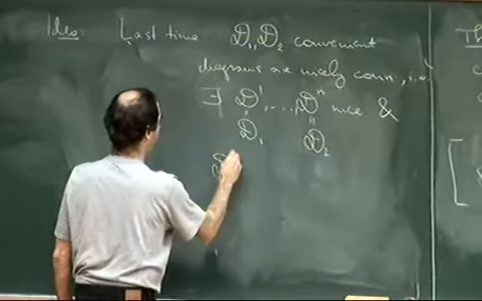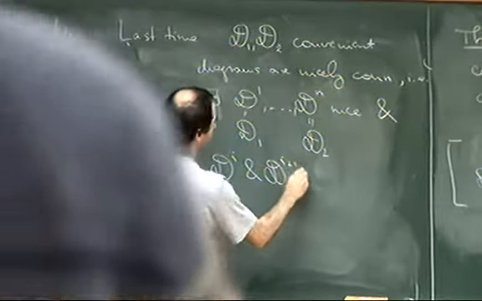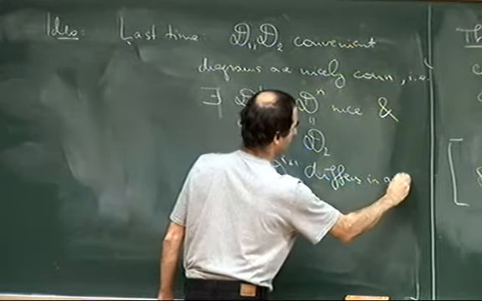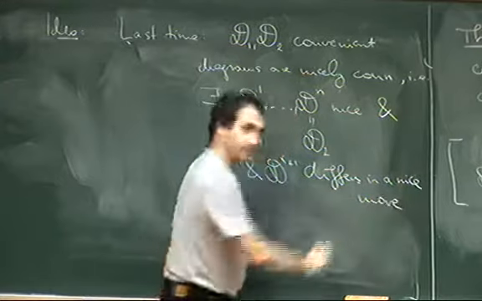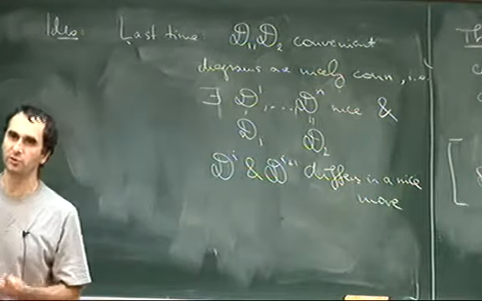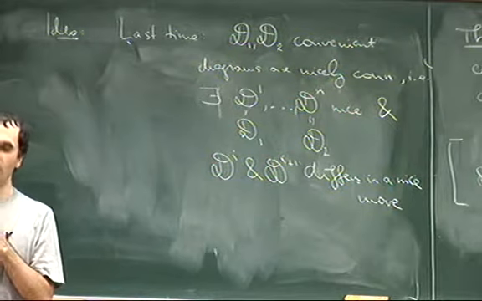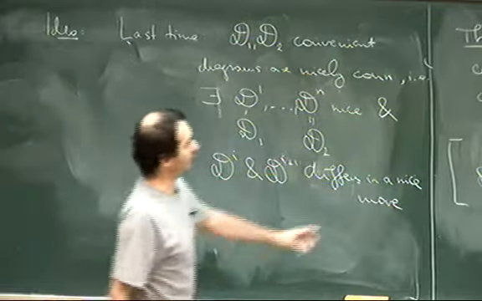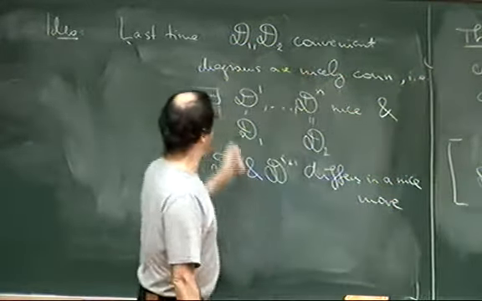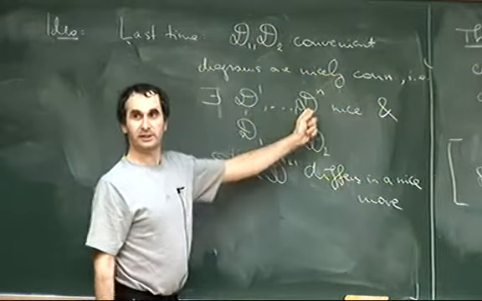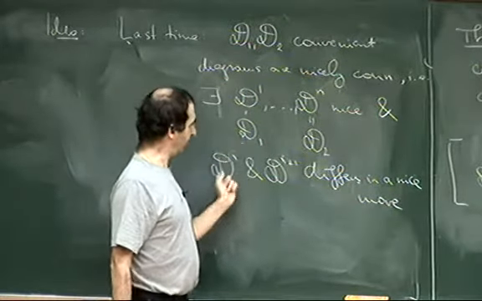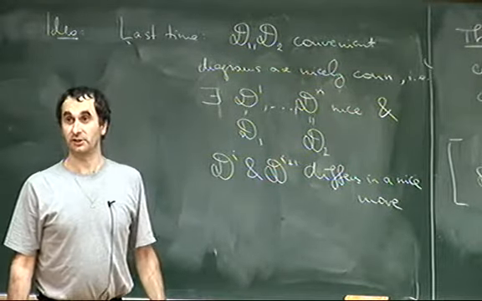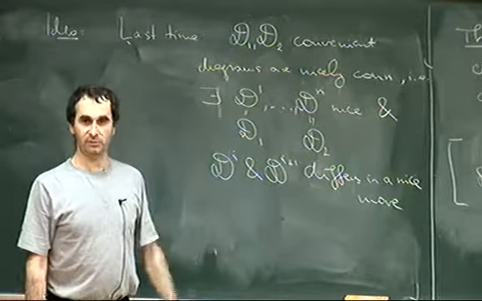And Di and Di plus 1 differ in a nice move. And there are four types of nice moves: handle slide, isotopy, and two types of stabilizations. And so in order to verify this theorem, we only have to show that whenever we go from D1 to D2 in this nice sequence, then at every step we don't change the stable Floer homology. We will change the chain complex, but not the Floer homology.